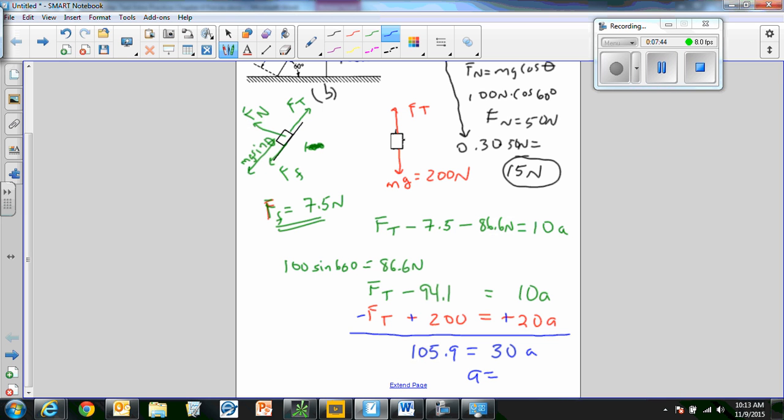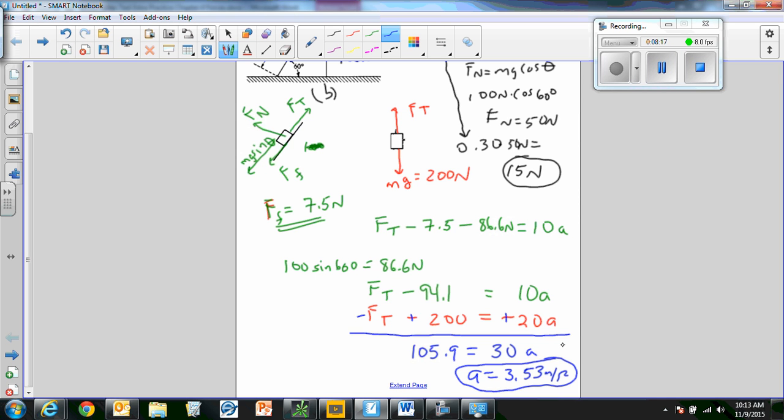I don't think that's the right answer. Yeah, I see what I did wrong. For 20 kilograms, I put 2 kilograms. So anyway, the right answer is 3.53.